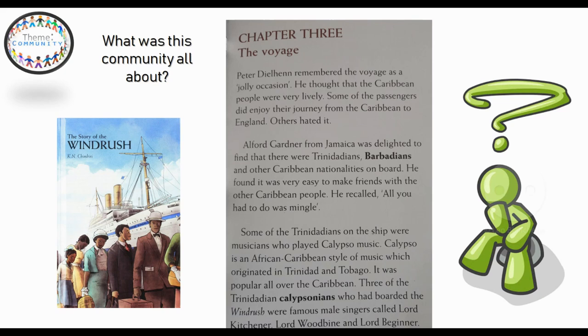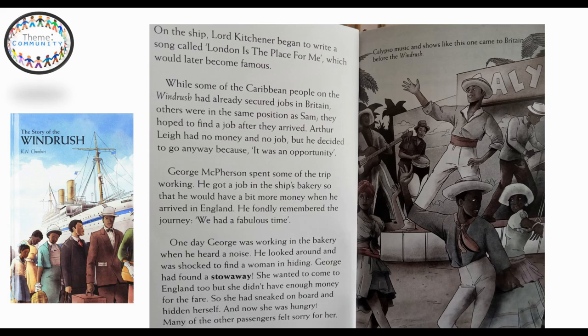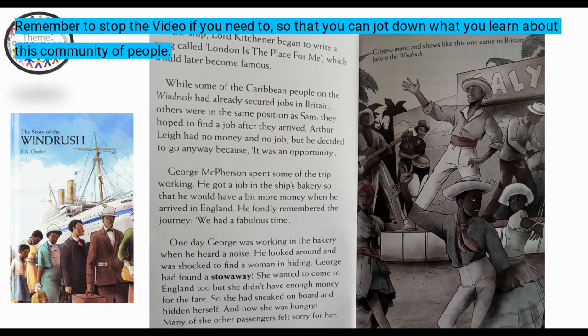Three of the Trinidadian calypsonians who boarded the Windrush were famous male singers called Lord Kitchener, Lord Woodbine, and Lord Beginner. On the ship, Lord Kitchener began to write a song called London is the Place for Me, which would later become famous.